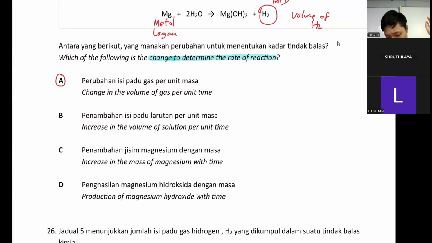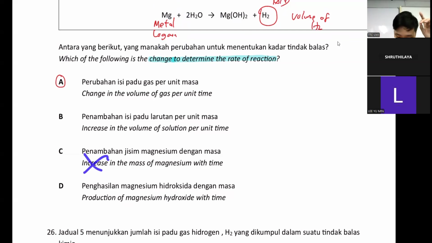But actually C can. How much time does it take for magnesium to dissolve in water? Actually can. But the problem is, it's not increase. Because magnesium dissolves, right? Got magnesium become no magnesium. Say 5 gram become 0 gram.